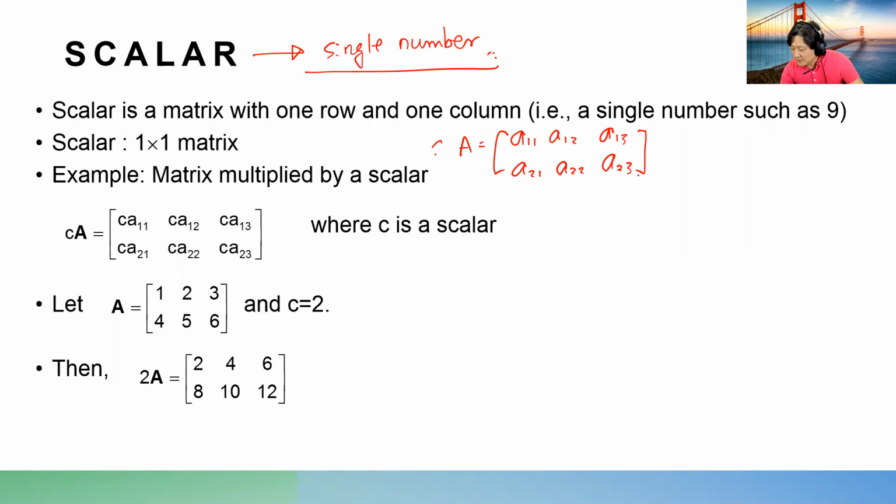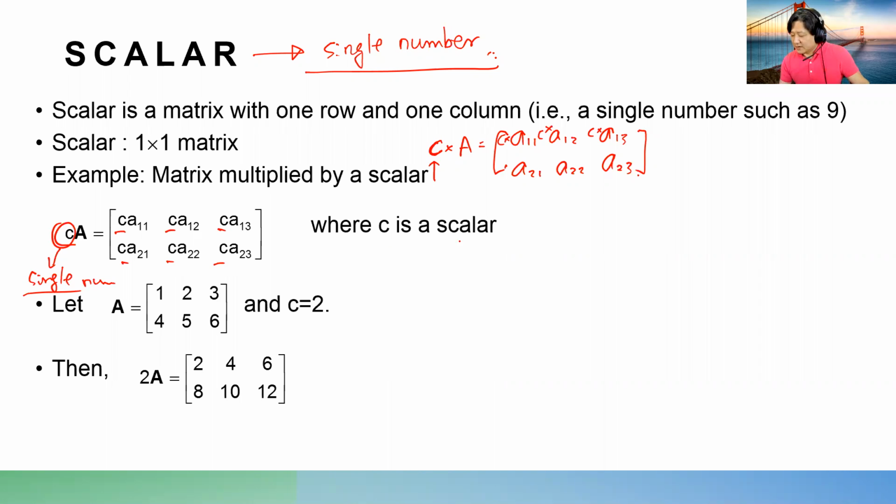If I multiply C, this is a single number, right? And the C will be multiplied for each element. So like this, right? So this C is a single number.